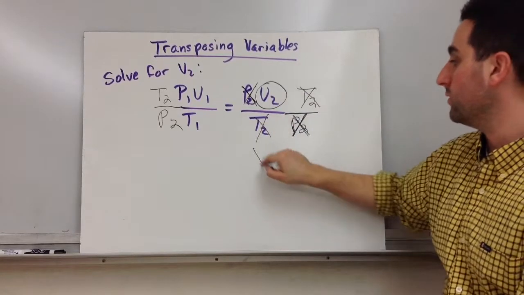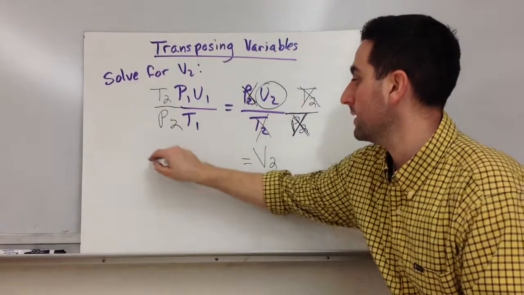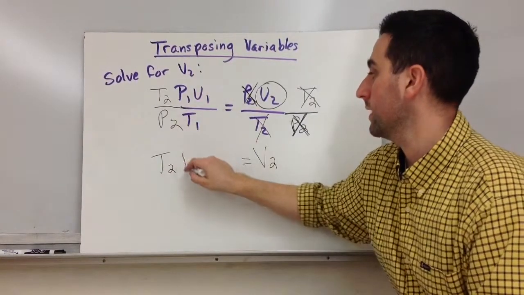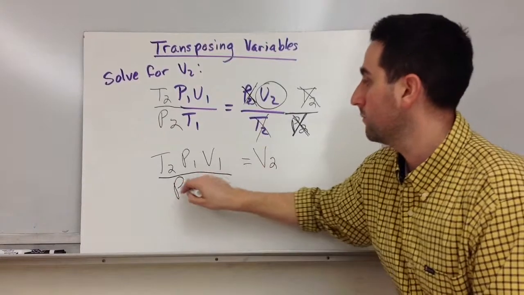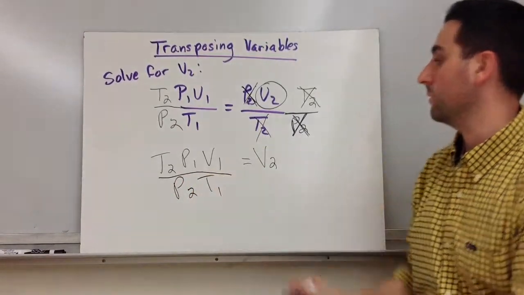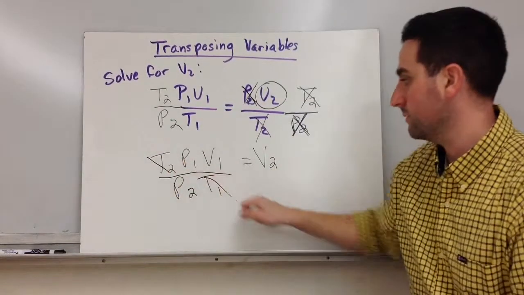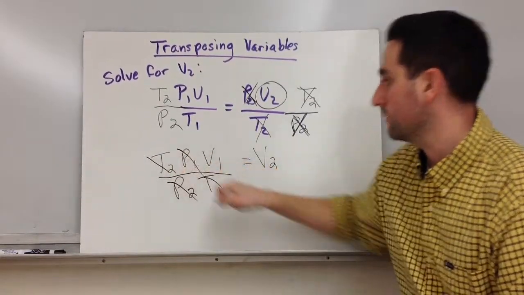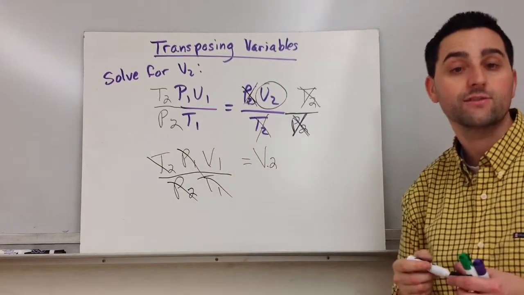So now V2 is by itself. And that expression now is going to be T2 times P1 times V1 divided by P2 times T1. And if you notice, the temperatures cancel, the pressures cancel, and we're left with volume that does not cancel.